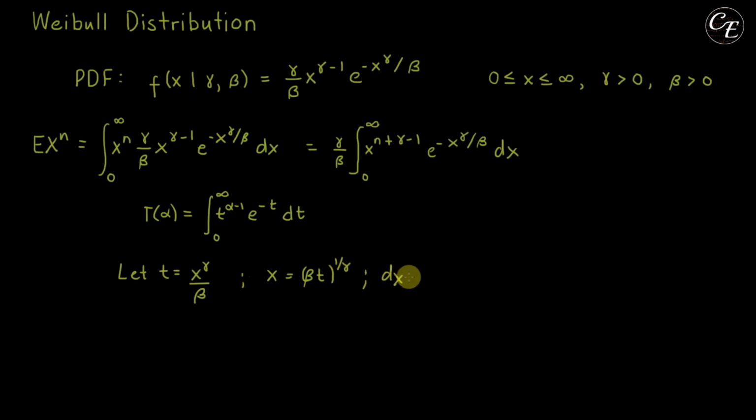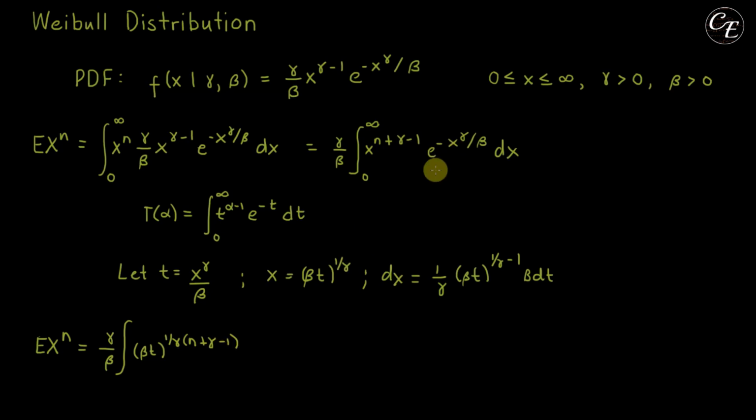Then dx will be the derivative of this one, which is 1 over gamma times beta t raised to 1 over gamma minus 1, then beta dt. Then let us substitute this in here, so we'll get gamma over beta from here times the integral of, for x let us use this, then this x is raised to n plus gamma minus 1, so we need to multiply this 1 over gamma by n plus gamma minus 1.